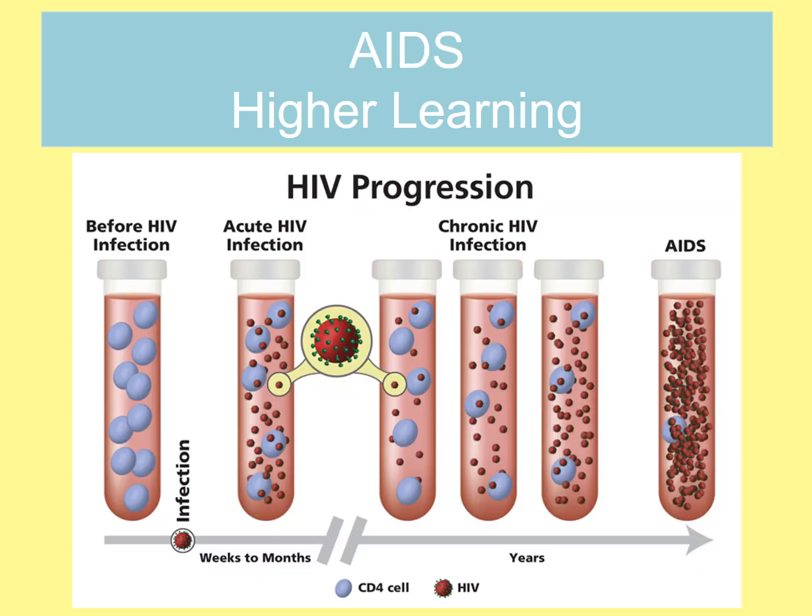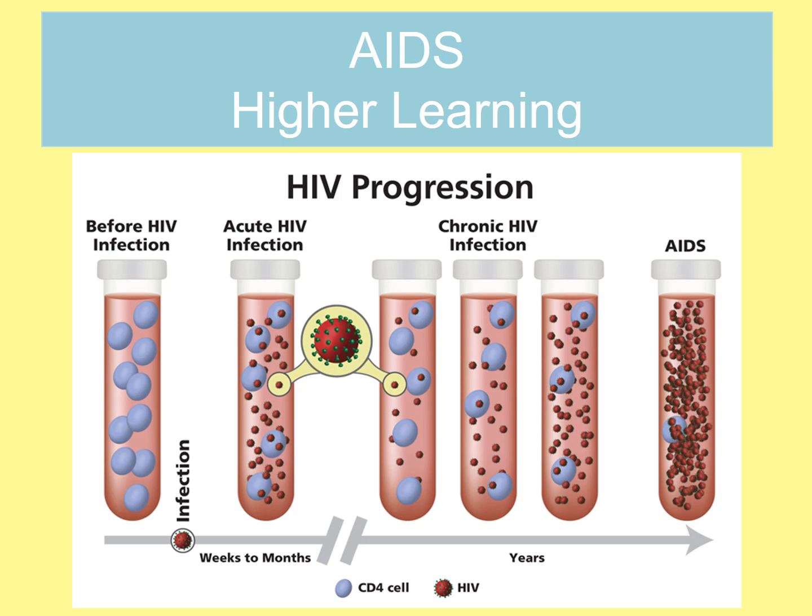HIV becomes attached to specific receptors on the T cell's surface. The HIV particle can then fuse with the membrane of the T cell and the virus enters the cell.